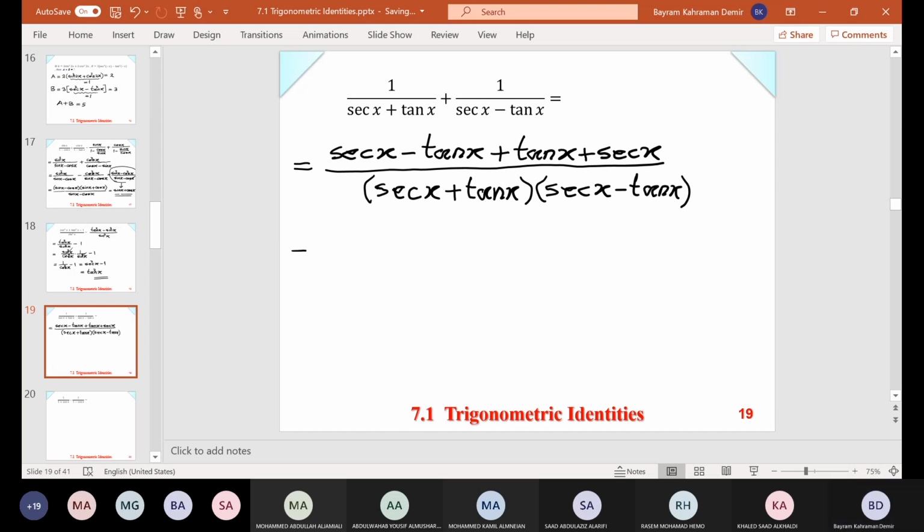All right. You see, we have minus tangent x plus tangent x is gone. So we have 2 times secant x, right?